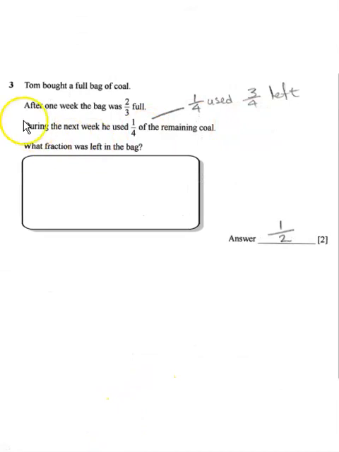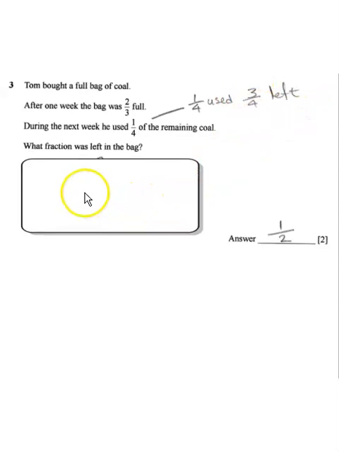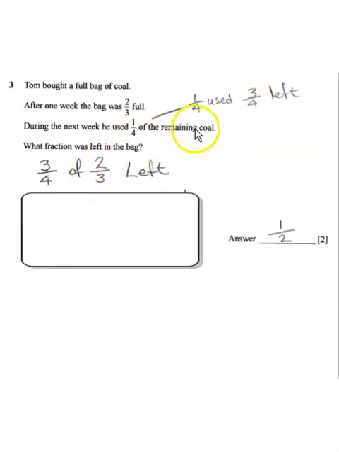So for question 3, it says Tom bought a full bag of coal. After 1 week, the bag was 2/3 full. During the next week, he used a quarter of the remaining coal. What fraction was left in the bag? Now, if he's used a quarter of the remaining coal, we should have 3/4 left. So the way we go about this is 3/4 of the 2/3 is left.